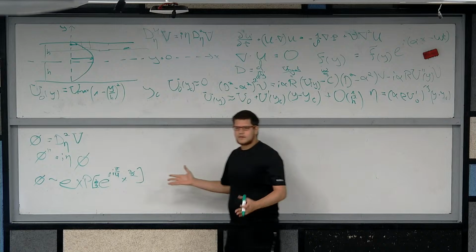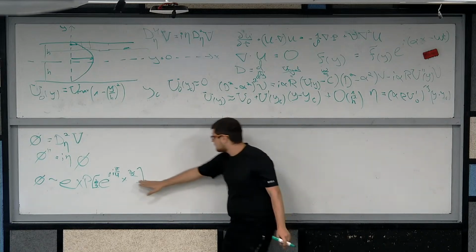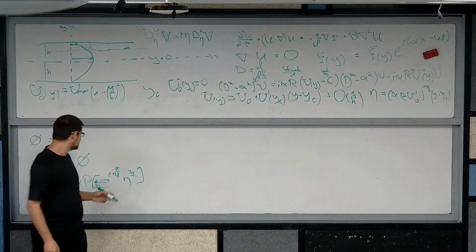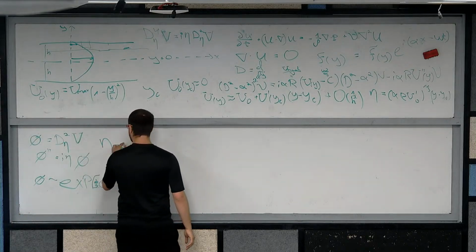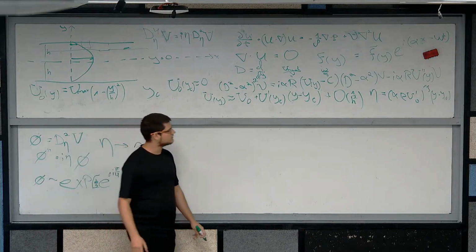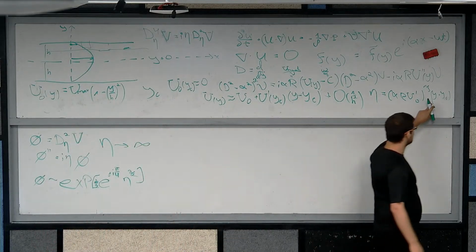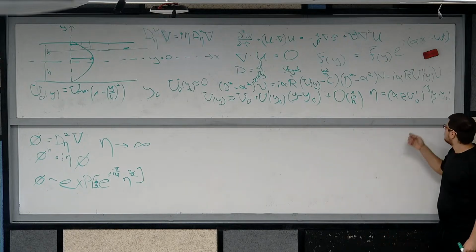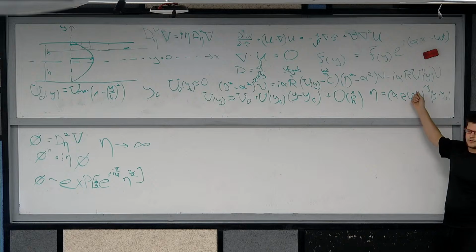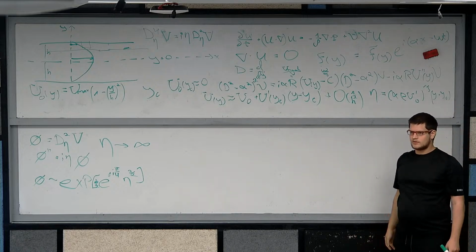So it's very cool, but okay, I need to change that to eta. That is the asymptotic, by the way, when eta goes to infinity. It's a little bit strange because eta will look to you like 0, because you have coefficients like u0 prime that will be on the order of 1 over h, and y minus yc that will be very small.